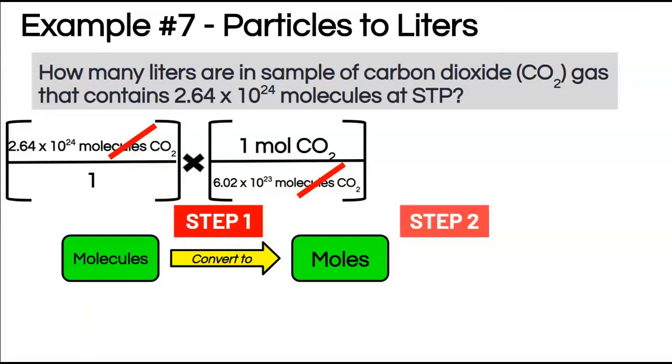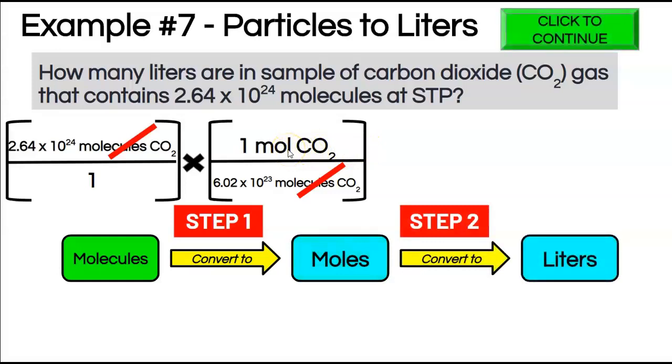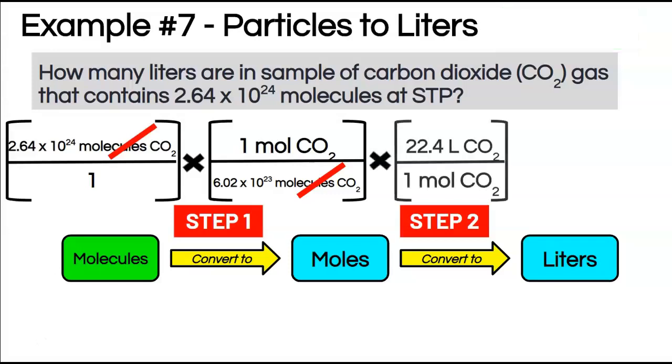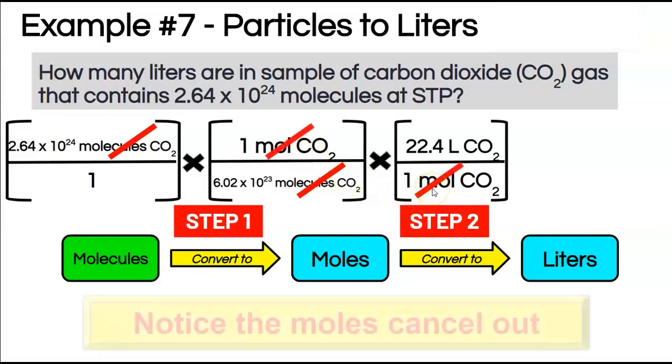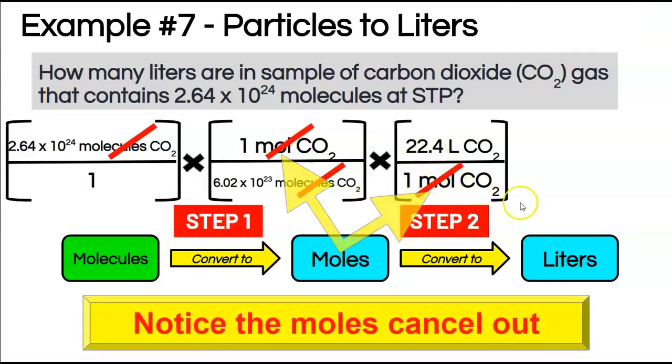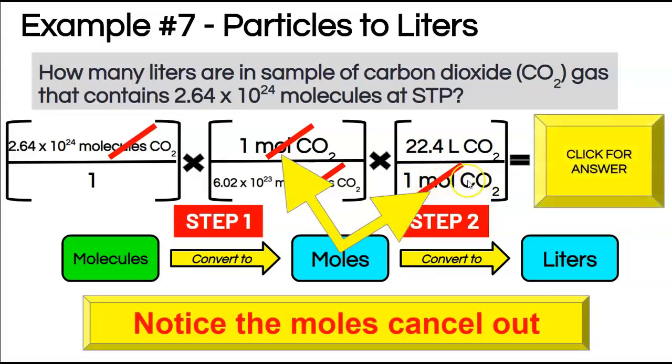Step number two is to take those moles and convert them into liters. To do that, I'm going to use the molar volume of 22.4. I know 1 mole of carbon dioxide gas is equal to 22.4 liters. Notice again that I put the unit I wanted to cancel on the bottom so that it would cancel my moles. That left me with liters of carbon dioxide.